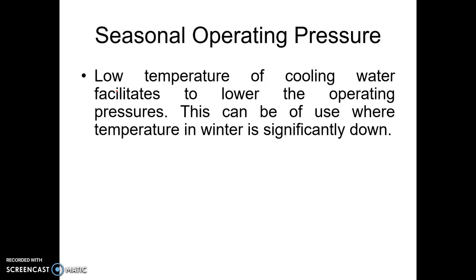So in summer, if it is available to you at 35, 36 degrees Celsius, and in winter it goes down to 27, 28 degrees Celsius, then this 8-degree change you can utilize. That means it can condense vapors which are still cooler compared to 35, 36. So this 8 to 10 degrees you can utilize.